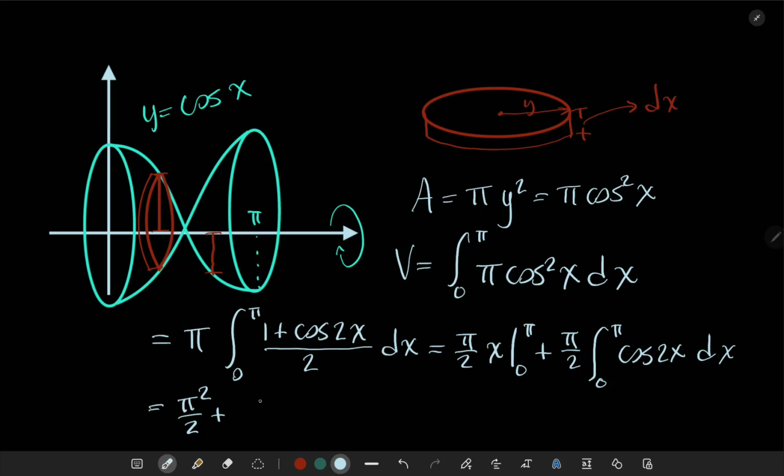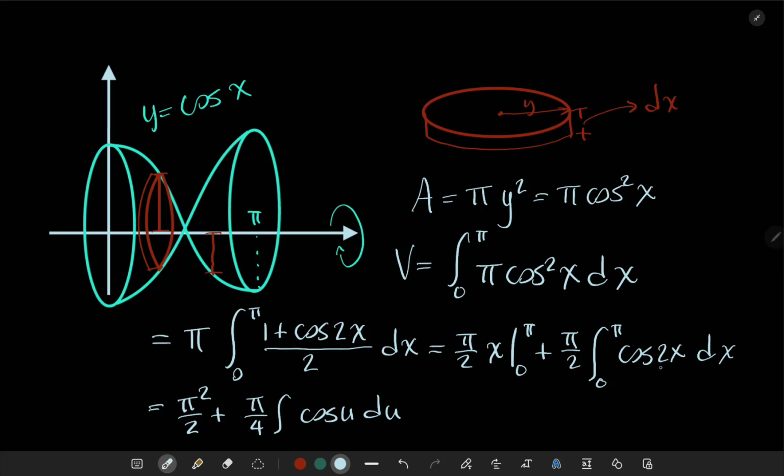And then pi over 4, as I said. And then the integral of cosine of u du. I know I'm skipping the substitution.